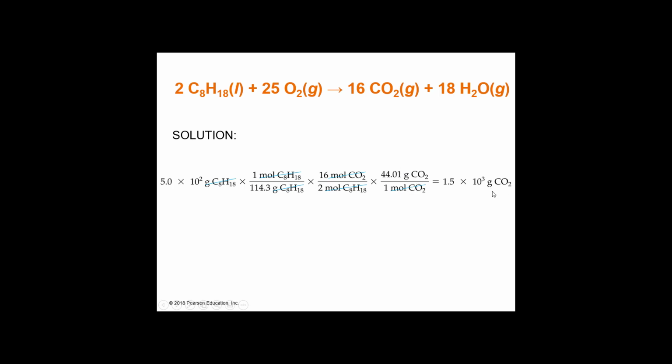That's what's going to cross over to the equal sign. And this is the molar mass of carbon dioxide. Based on this amount, we have 1.5 times 10 to the third power grams of CO2. So this is a good problem. Yes, it's a little bit more complicated, but this is a good general problem of how we solve stoichiometry.